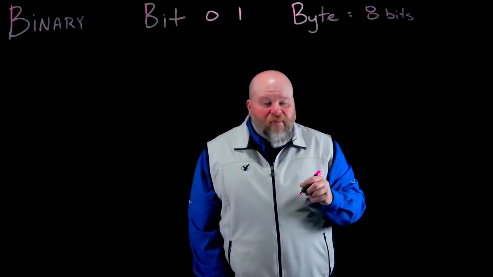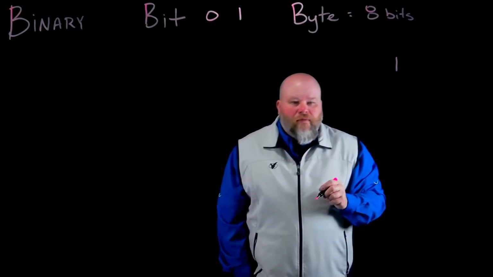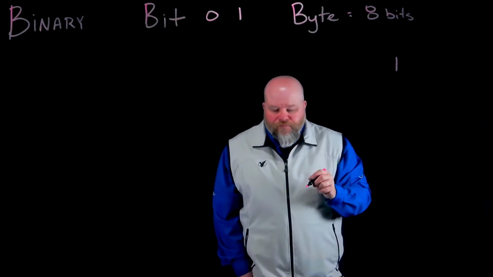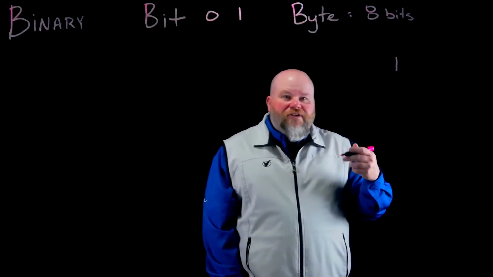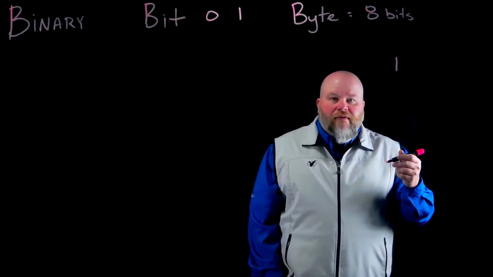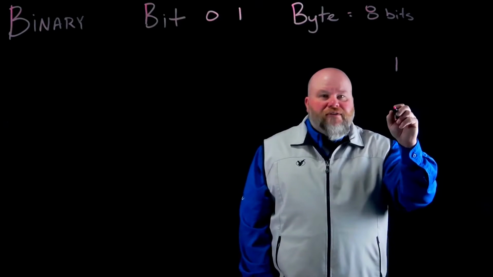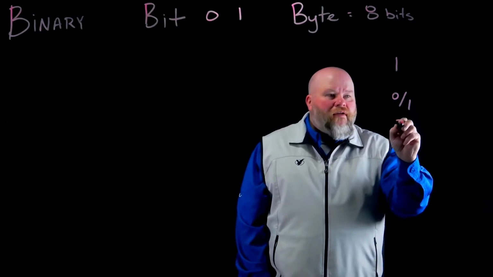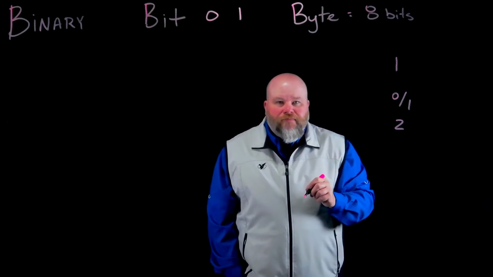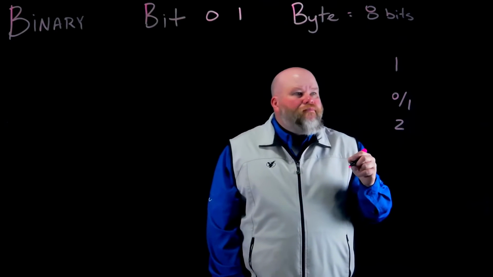We're going to take our first bit, and we're going to give it a value of 1, because the most combinations you can have out of this will be 2 combinations. You can have 0 or 1 for 2 combinations total. So the first bit has a value of 1.